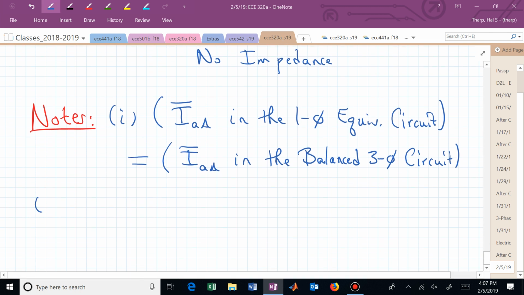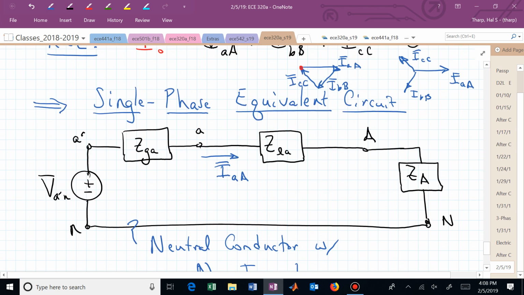But what you don't want to do is assume that, well, let me just write it down and hopefully it will be clear. I sub AA, which is the current in the neutral conductor. Do you see that I sub AA is just a series current, and it's going to be flowing in the neutral conductor here in the single-phase equivalent?